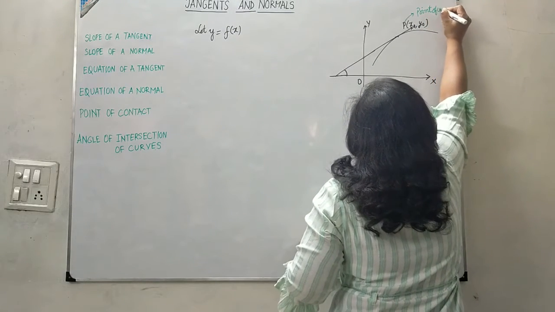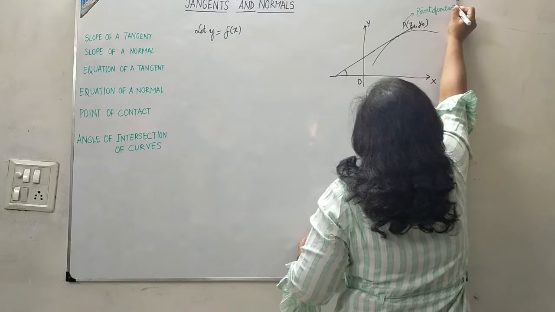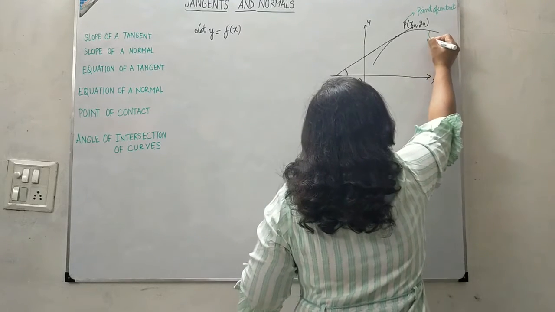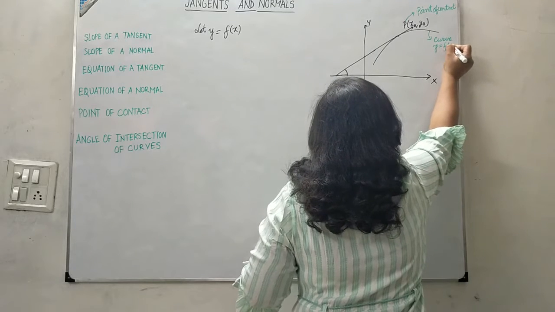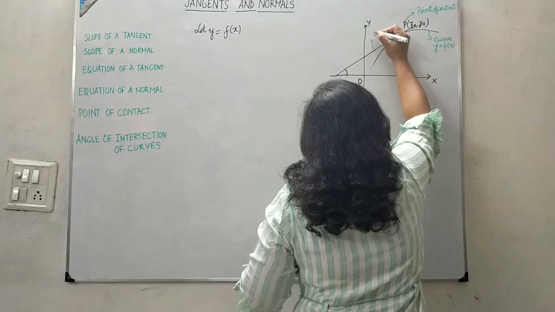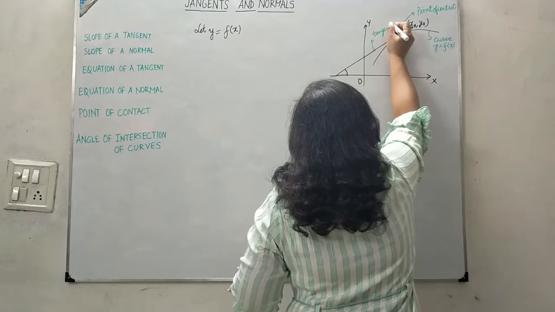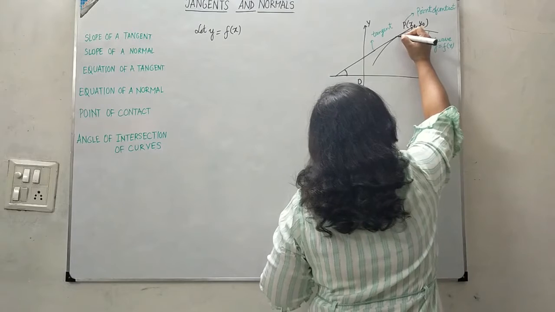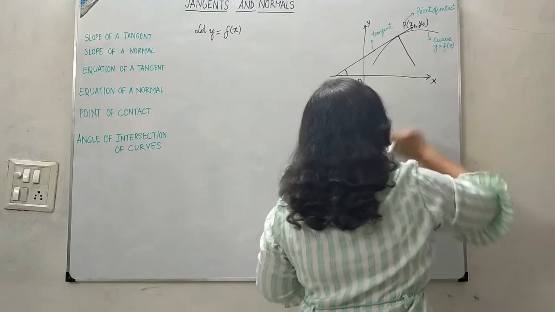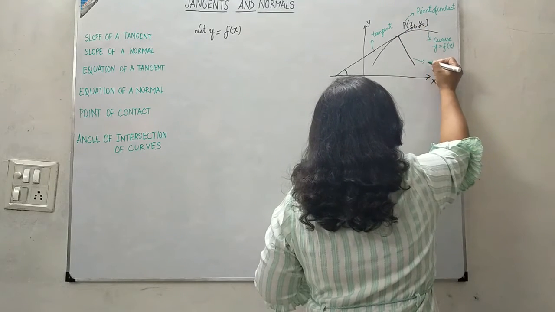Here the tangent is touching the curve, so it is called point of contact. And this is the curve y equal to f(x). And this is your equation line of tangent. And any line which is perpendicular to this at the point of contact will be called its normal.